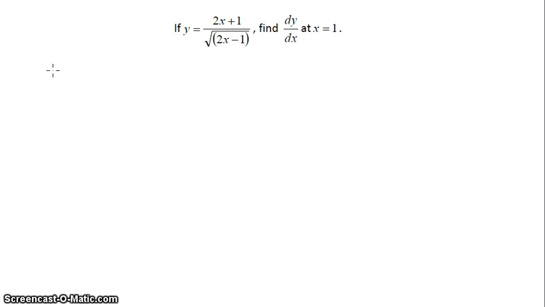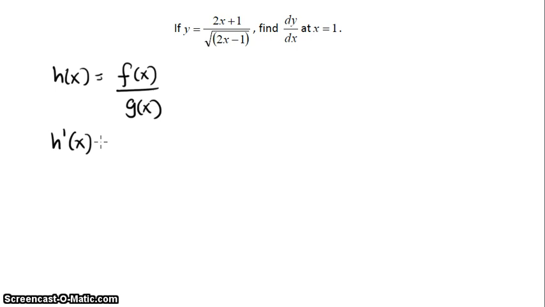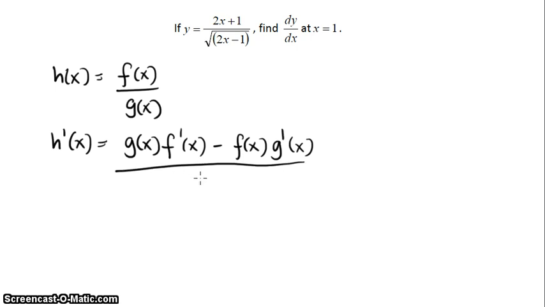Given a function h of x equal to a quotient of two functions f of x and g of x, the derivative, which is h prime of x, is equal to g of x times f prime of x minus f of x times g prime of x, everything over g of x quantity squared.